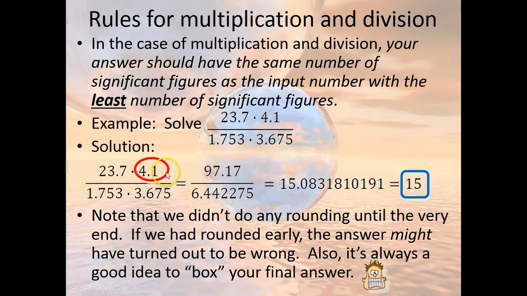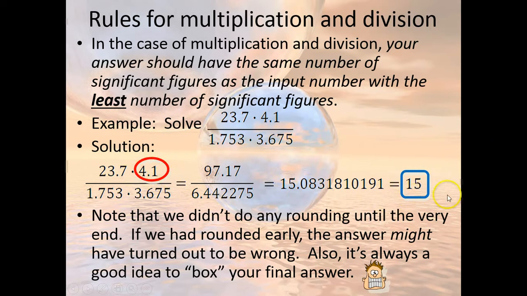It only has 2, with the idea being that this was rounded from somewhere between 4.05 and 4.15, which means that this whole number is potentially off by a certain percentage, which means this whole answer is going to be off by a certain percentage, which, using our rules of significant figures, means that this answer is only good to 2 significant figures.